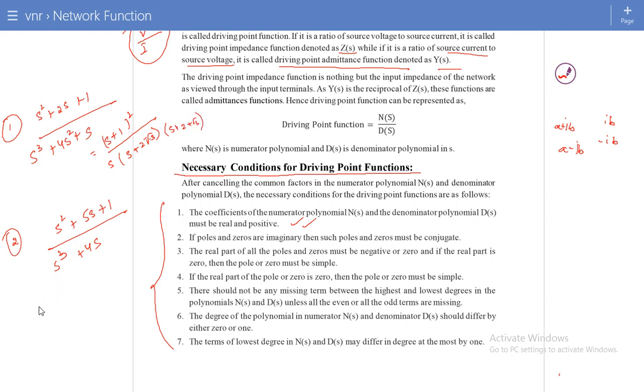Okay. In the second function, what can you write? s square plus 5s plus 1.